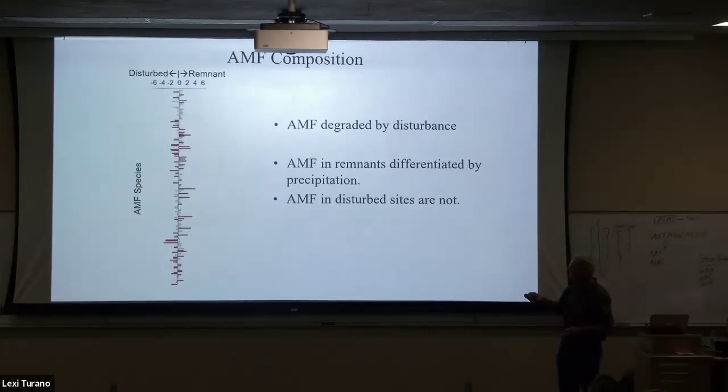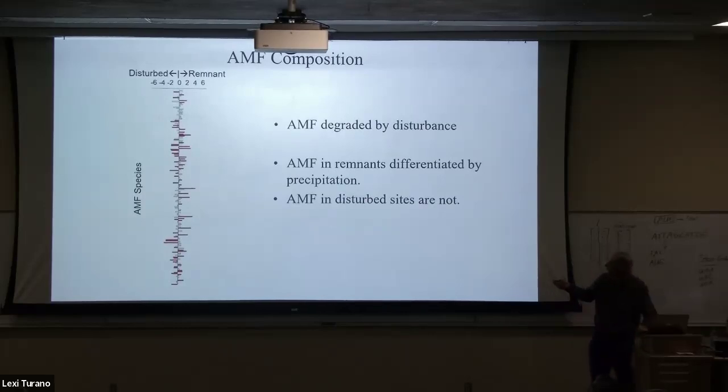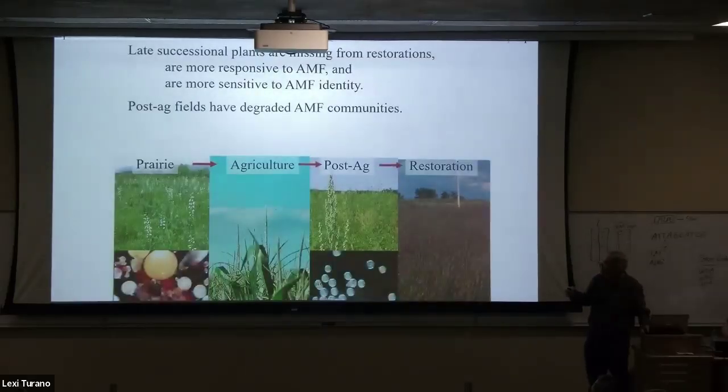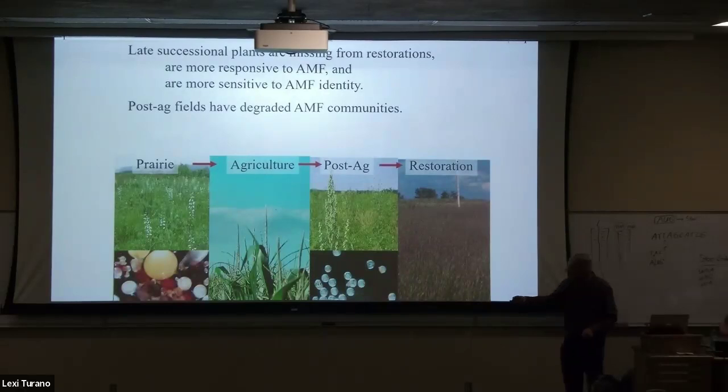If you look in the post-agricultural sites, you don't see that. They all are looking basically the same. So this pattern here is consistent with local adaptation to climate. We didn't show it, but it looks like if that pattern is local adaptation, we lost it with agricultural disturbance. Okay, so we have different compositions following agriculture.